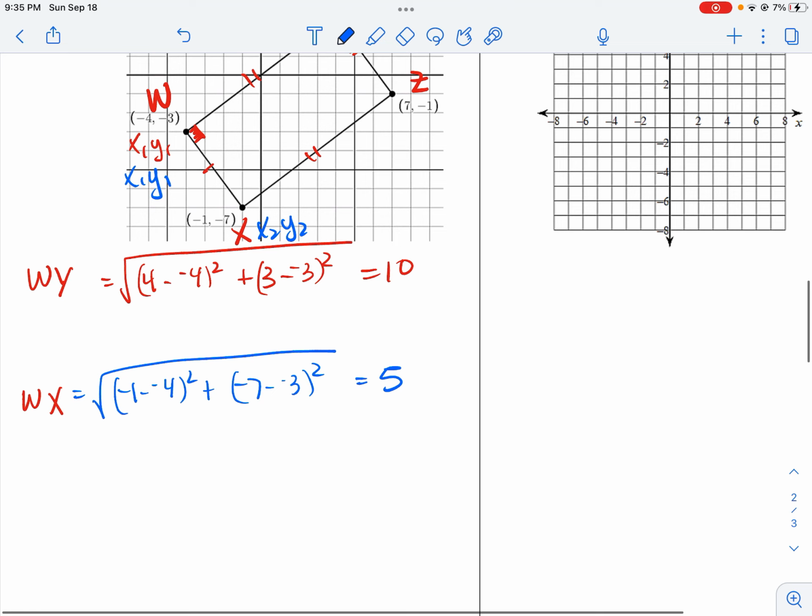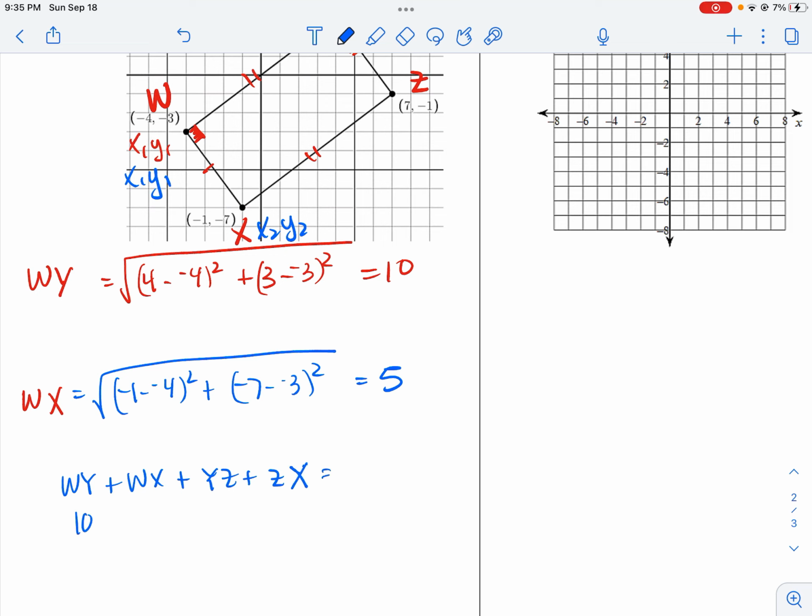So the perimeter is going to be WY plus WX plus YZ plus ZW, nope, YX. So this is 10. That means this is 10. Nope, I did those wrong.